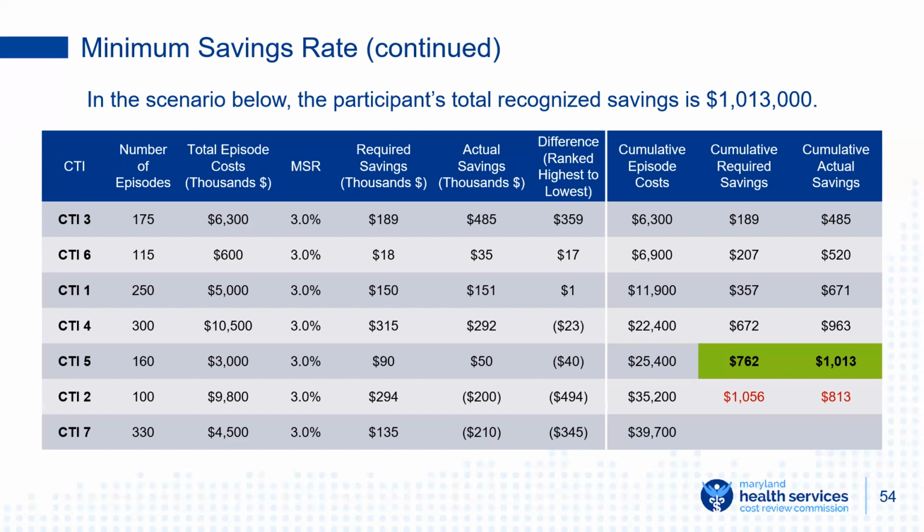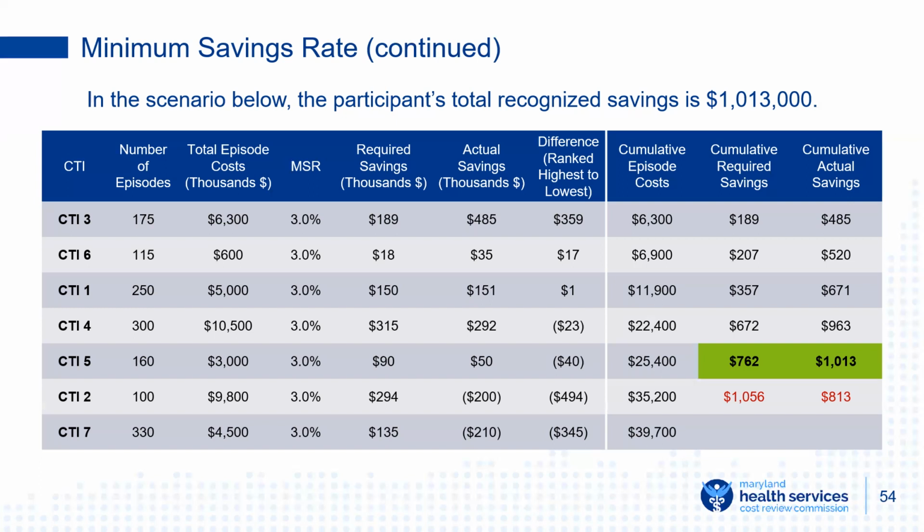And so we're essentially going to take $23,000 out of that accrued excess savings and apply it to the CTI so that you still get credit for the $292,000 that were earned, even though it didn't quite hit the savings threshold. The fifth CTI, we've got the same situation. We take the $40,000 of accrued savings by which the savings threshold was missed. We add that in, and the CTI is given credit.